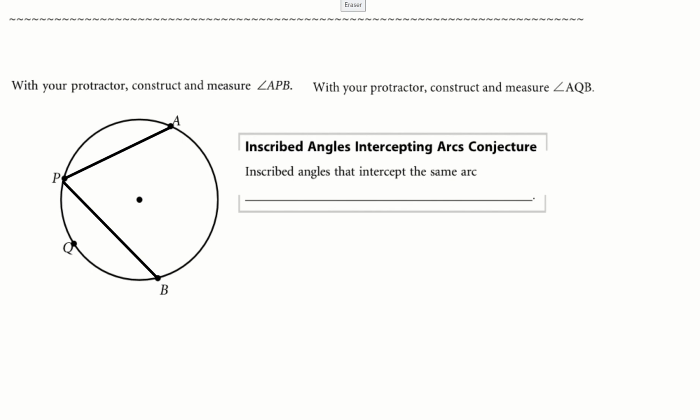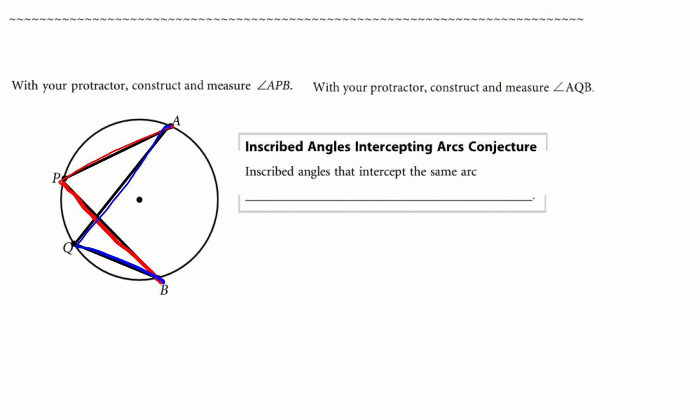It says with your protractor construct angle AQB, so angle A to Q to B. So these are two different angles. First angle we had was APB, and the next angle we have is AQB.